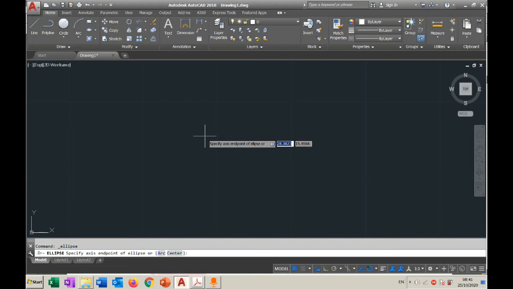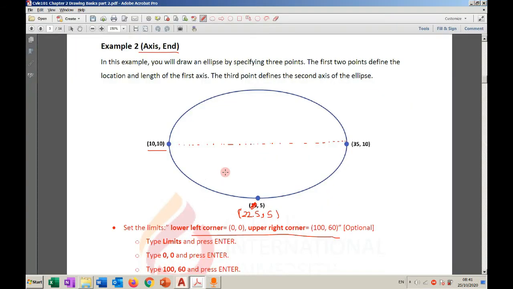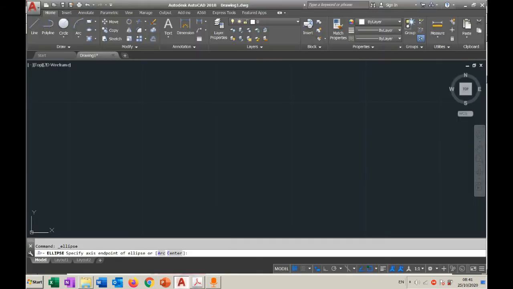It says specify axis endpoint of ellipse. We're going to provide 10, 10. Then we're going to go for 35, 10. Then we'll provide 22.5, 5. Remember, you don't need to memorize which one comes first. Reading it might help you.